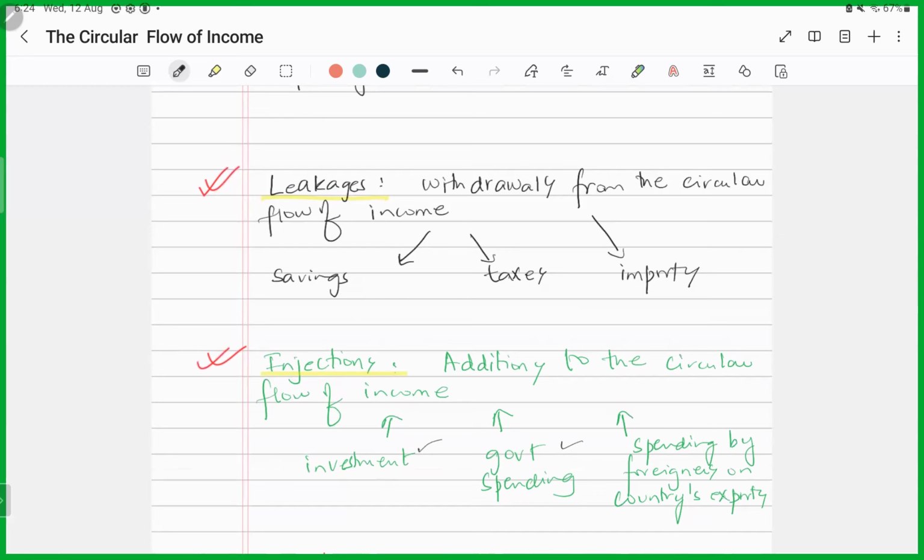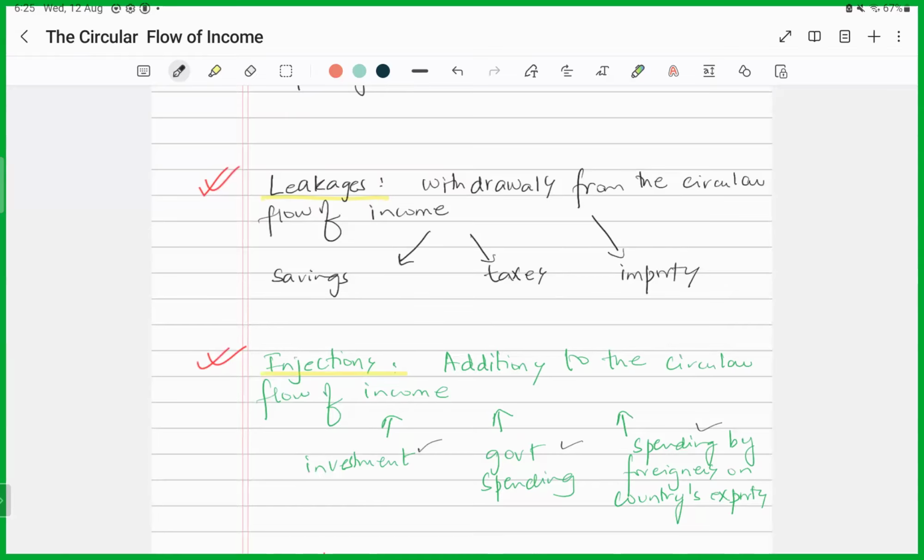Or spending by foreigners on your exports. So your goods and services that are domestically being produced and are now exports would be bought by foreigners, right? So this is going to be an injection as well. So these are the three sources of injection that would be adding to the circular flow of income. So the arrow should be pointing towards the circular flow of income and not away.